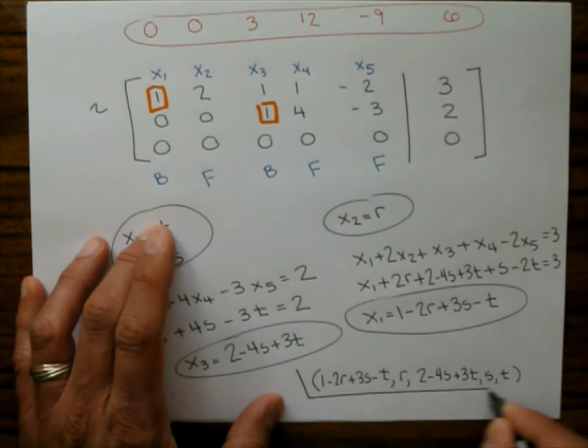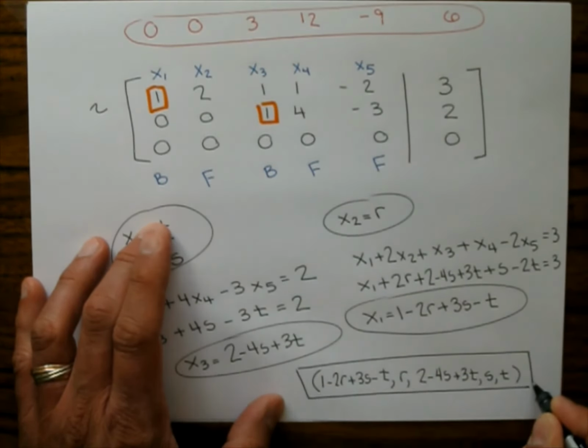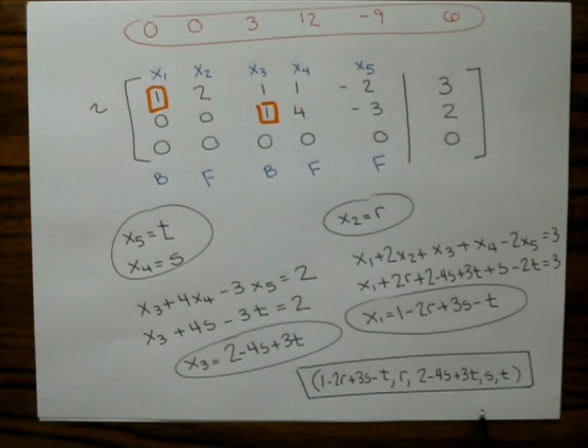And so this right here is the answer. We're not going to be picky on this test, but maybe on the next one we will, where you have set builder notation, the book writes it a little more formally. But there's the answer to the system that we were given.